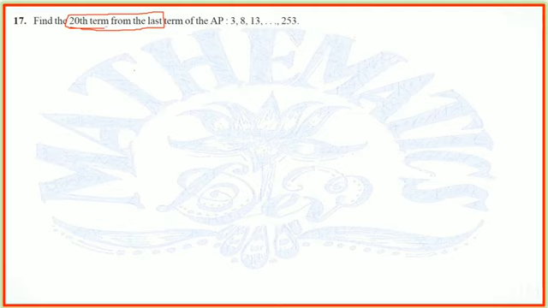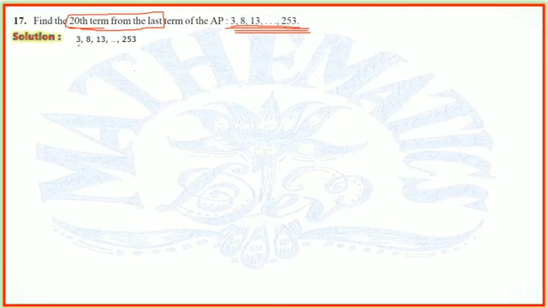So we have to find the 20th term from the last term of the AP 3, 8, 13 and so on up to 253. That means we need to write this AP in reverse order later. First of all, let us find the common difference between the terms.